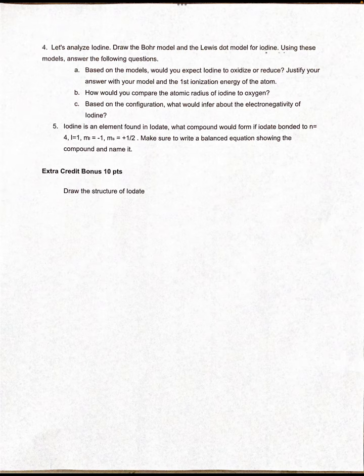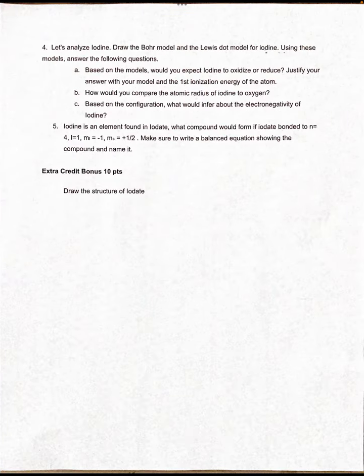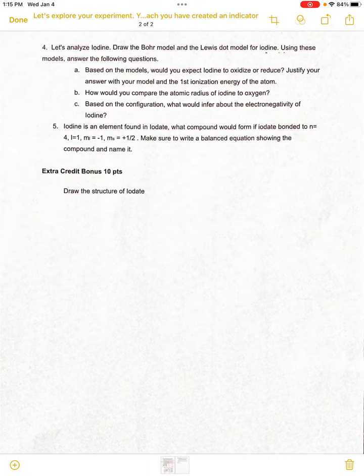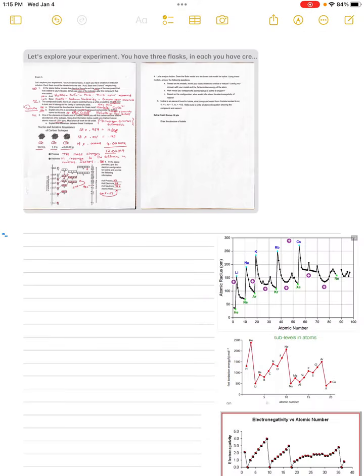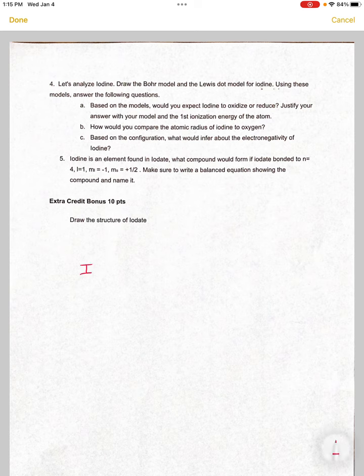for iodine, and I'm not going to go through the whole thing because this video is getting kind of long already. Iodine is in the 5th energy level, so you should have at least 5 rings.